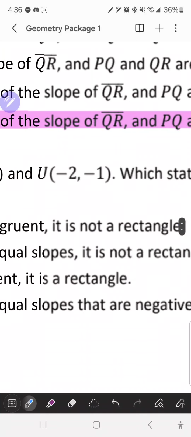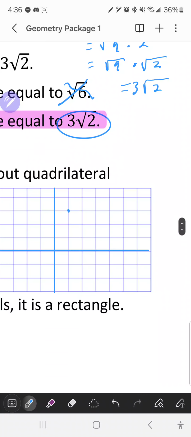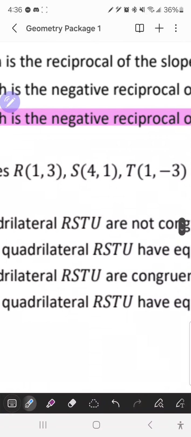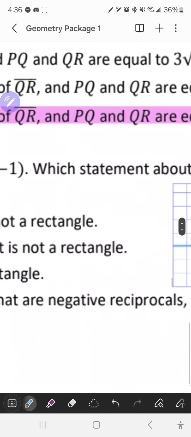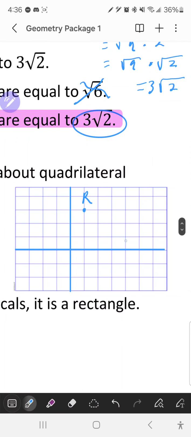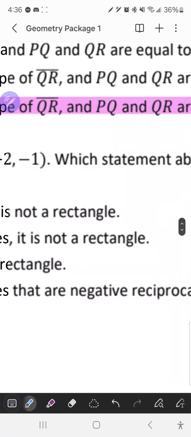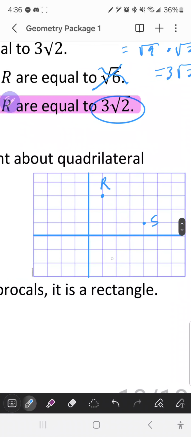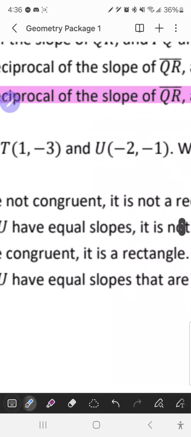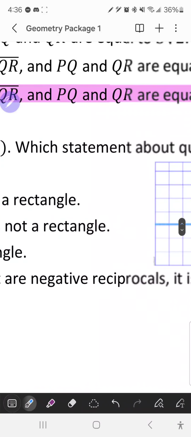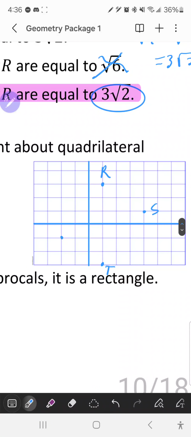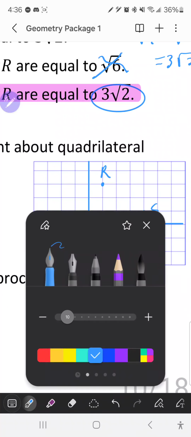Now this will be 1 comma 3, so 1 comma 3 is R, 4 comma 1 is S, 1 comma negative 3 is T, and negative 2 comma negative 1 is U. Now draw the figure.